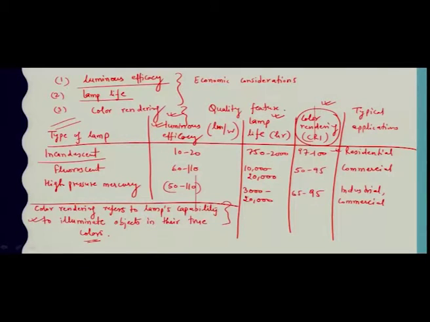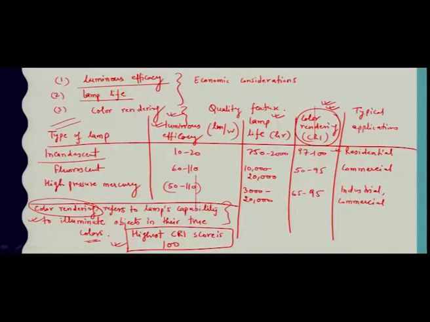So how would you measure this color rendering? There is an index decided for that, and that index is CRI, the color rendering index. This CRI is the most widely used measure for color rendering, and the highest color rendering index score is 100, which is obtained in daylight.